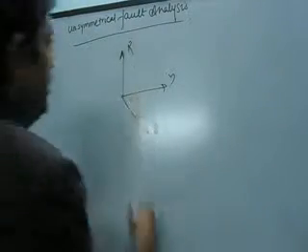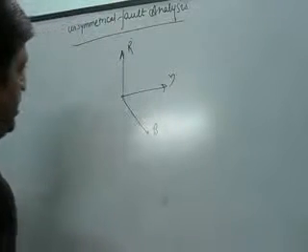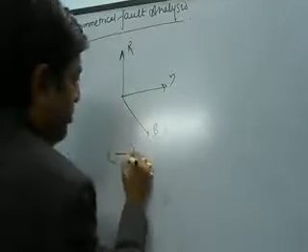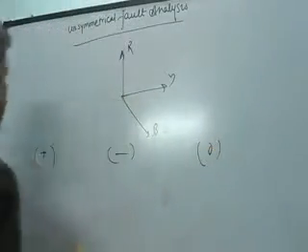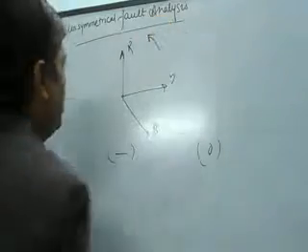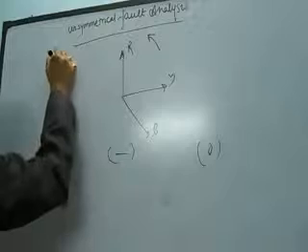Now this unbalanced vector, according to Fortescue's theorem, can be expressed as a set of balanced vectors. The set contains positive, negative and zero sequence. For positive sequence, we have to consider the anti-clockwise direction.